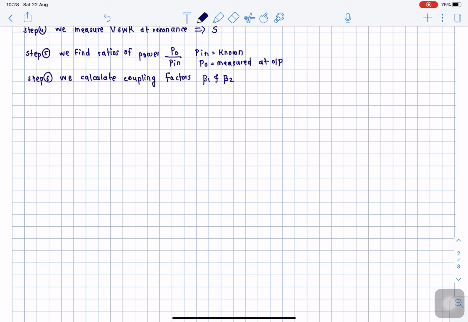Okay, so next we develop a theory for the measurement of dielectric constant, or rather measurement of unknown dielectric constant.